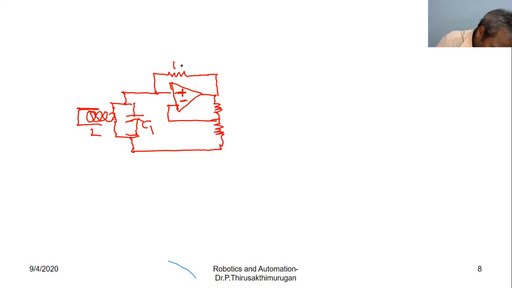This is R1, then R2, then R3. So this stage is called the oscillator stage.